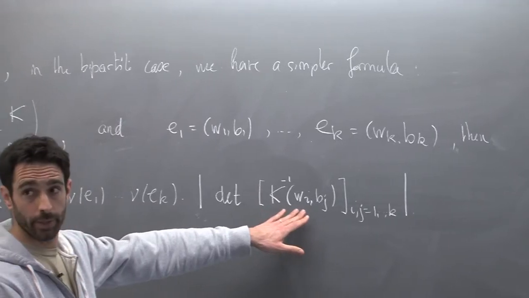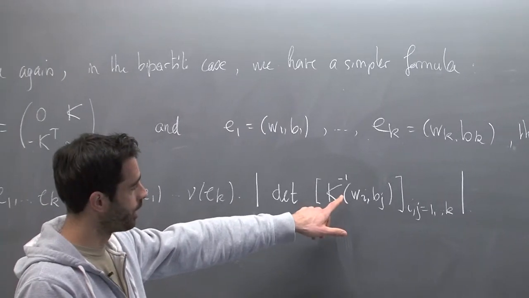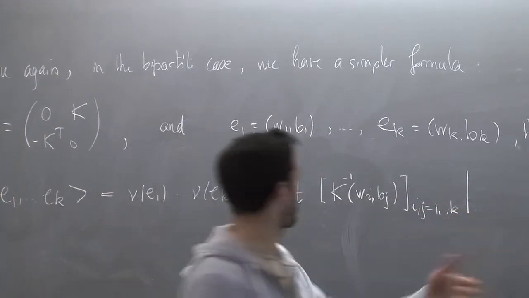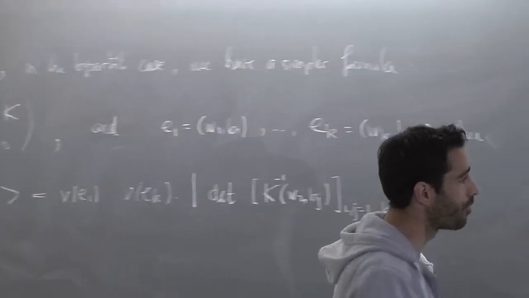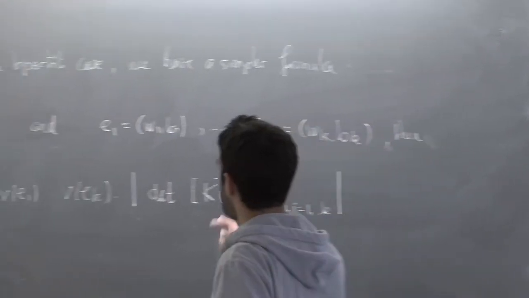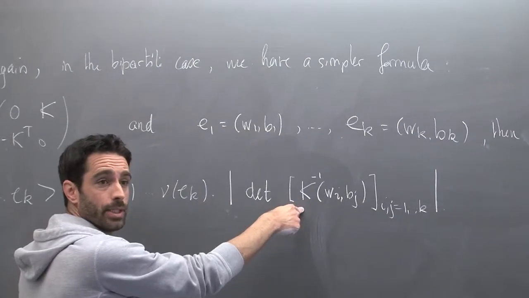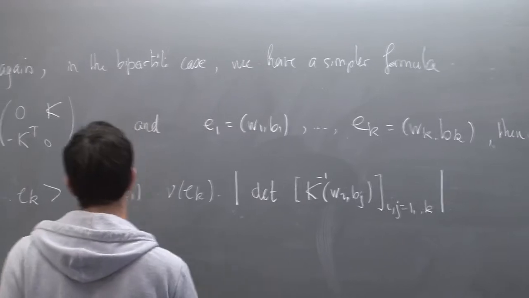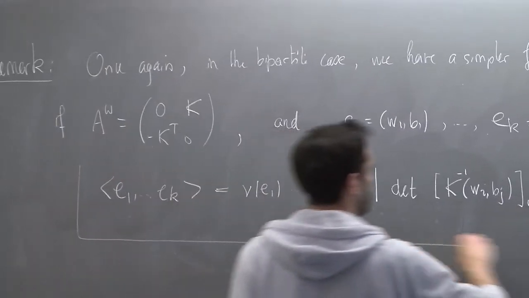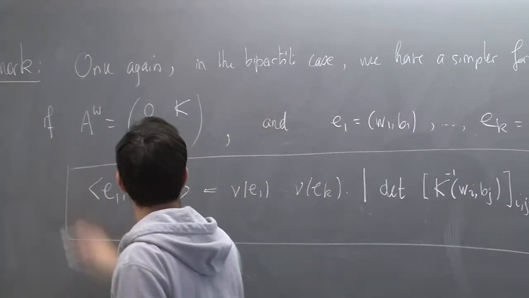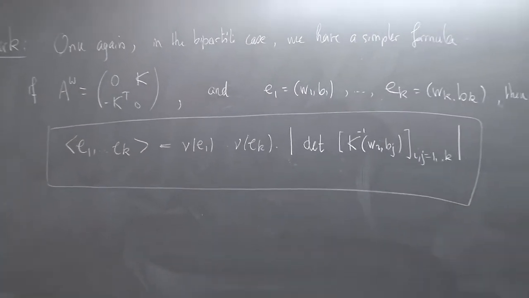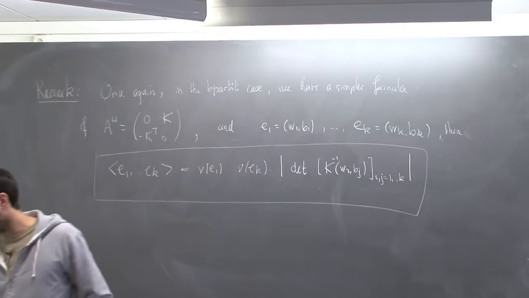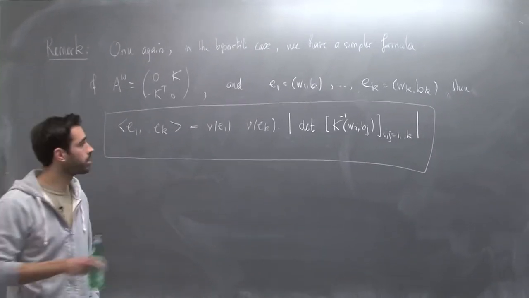So I'm changing a little bit the notations, but I hope it's clear. It's exactly the same statement, but you change the Pfaffian with the determinant, and you look at the bi-adjacency matrix and not the full adjacency matrix. And again, it's a one-line argument, so I'm not giving it. It's immediate.